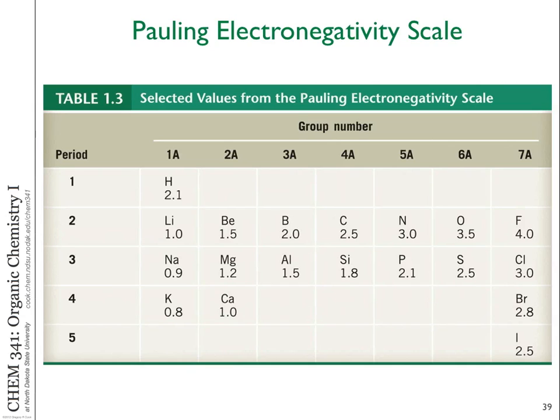Here's some of the elements to show you some of these trends. So for example, on the Pauling scale, hydrogen has an electronegativity number of 2.1. Notice that's not a whole lot different than carbon or boron, 2.5 for carbon.